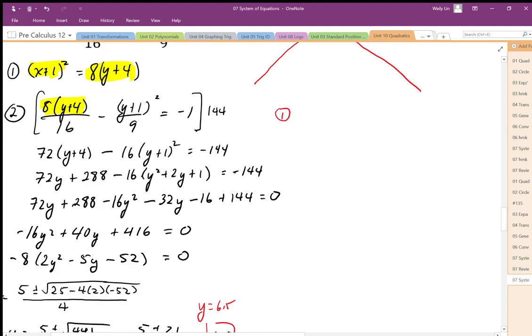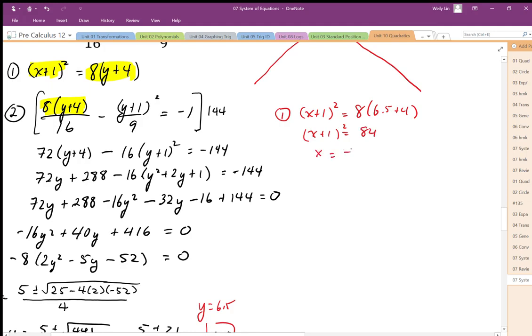So I get x plus 1 squared is equal to 8 times 6.5 plus 4, which is 10.5 times 8, so that's going to be 84.